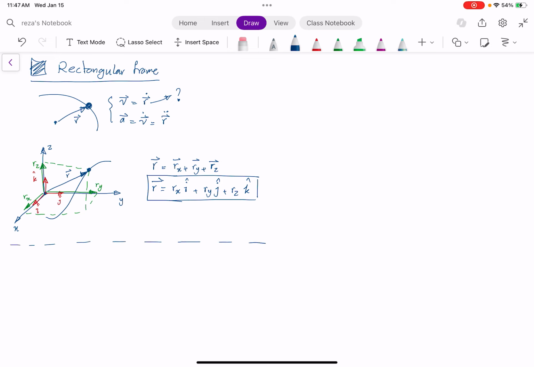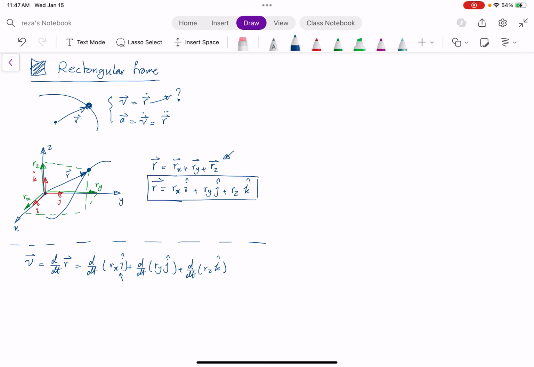Let me clean up here. I can write velocity, that is d over dt of r. Taking the derivative of this equation, what I have is a summation of three terms. The derivative of a summation is the summation of derivatives. So I have d over dt of rx i plus d over dt of ry j plus d over dt of rz k.